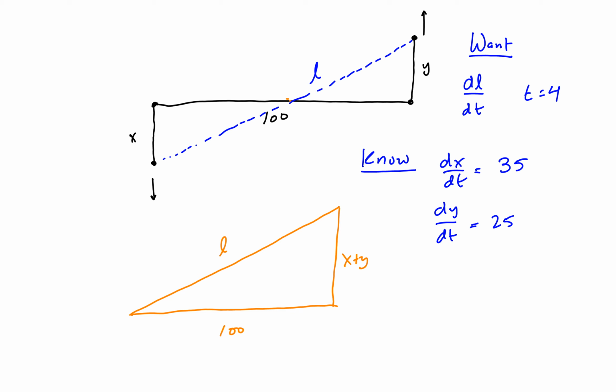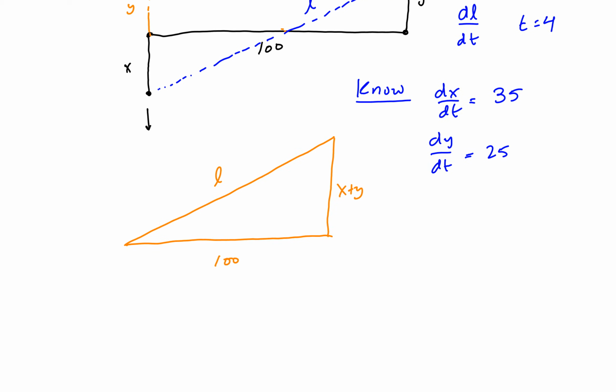So you get the whole thing there. This is our big triangle. It looks like this, and then we have y there and 100 there. So that means we know L squared is 100 squared plus (x plus y) squared. So those are the things we know.